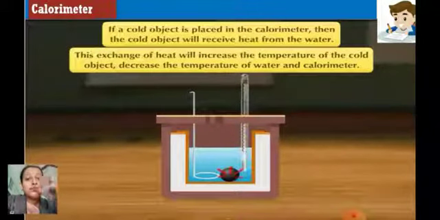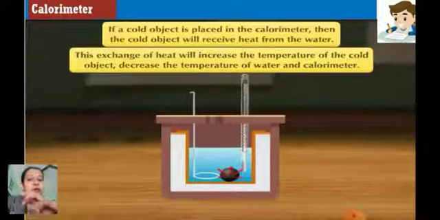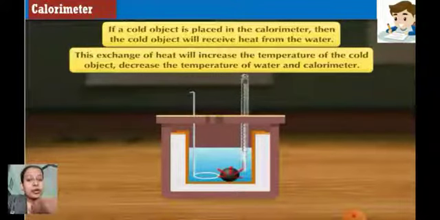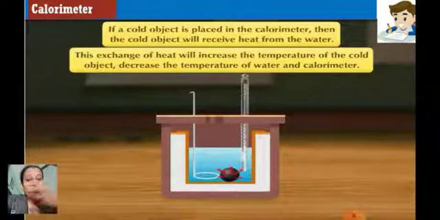It will absorb heat from the water as well as the calorimeter, because you have just learned that the water and calorimeter always have the same temperature. So both of them will be losing heat and the cold object will go on absorbing heat.